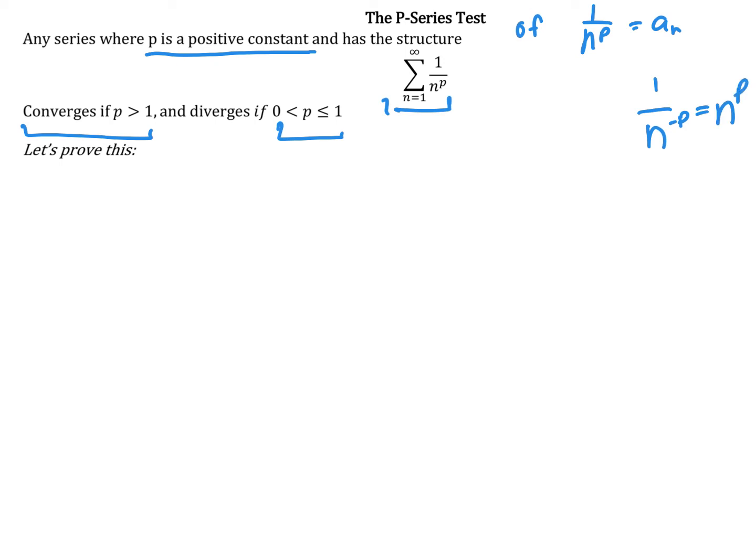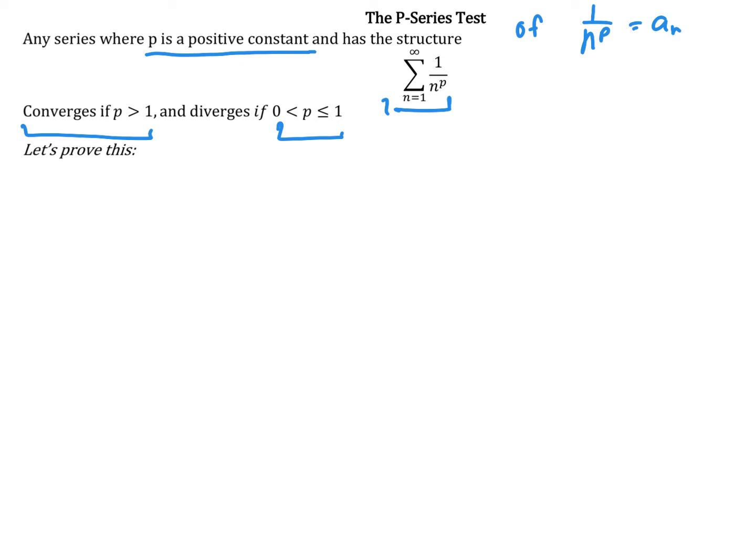That's no longer of the form of a p-series, and in all likelihood, this is going to be a series that you could use the nth term test on to prove that it diverges. So we are looking at what happens when p is greater than 1 or when p is between 0 and 1, so when p is a positive number.